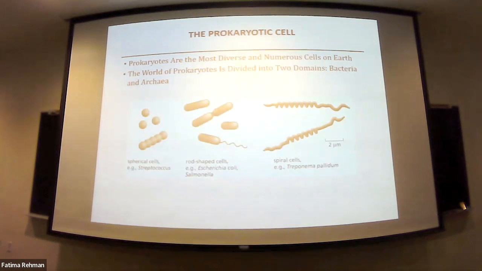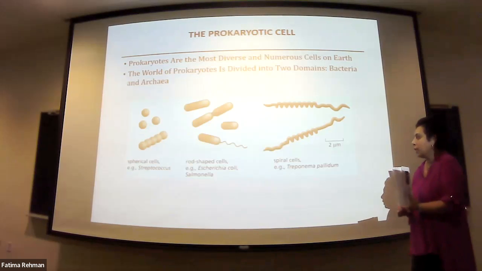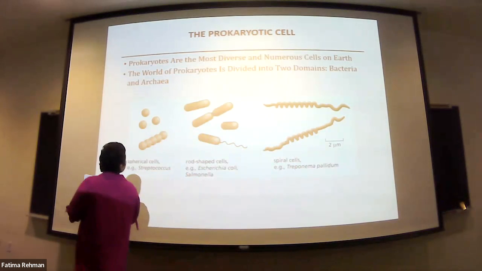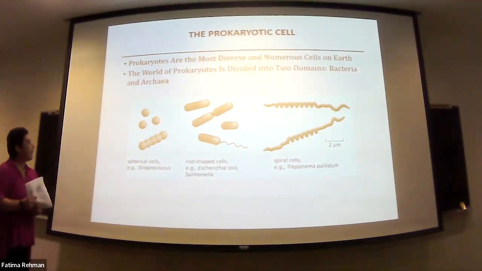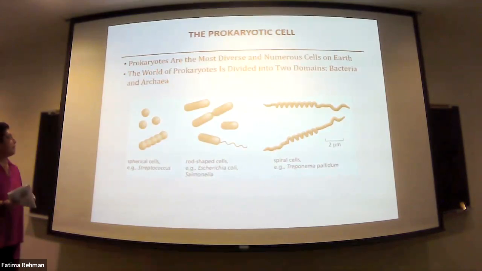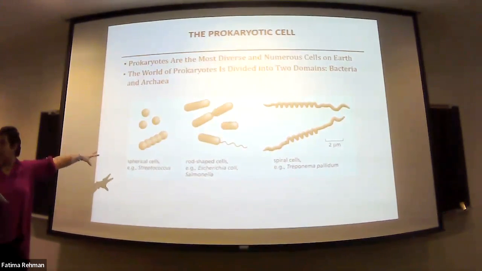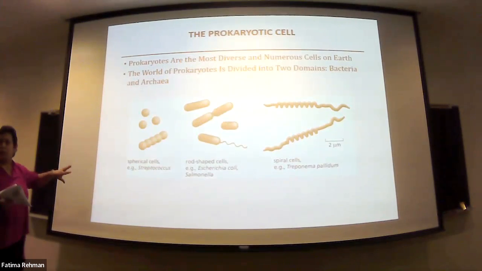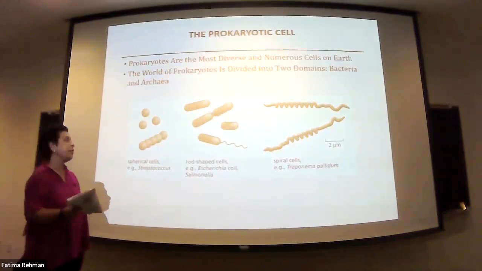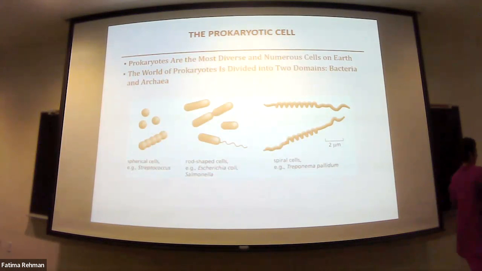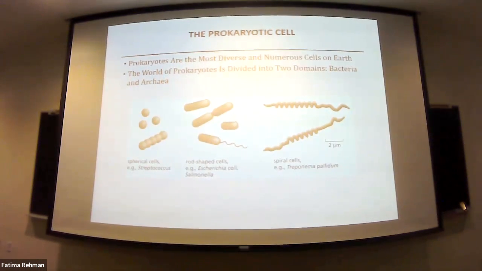There are more diverse prokaryotes and more numerous prokaryotes on Earth. Those are going to be your most common organisms there, right? And they are, again, divided into their two domains, bacteria and archaea. Even archaea has diversity in shapes that you see, not as much as bacteria, but they still have diversity within them as well. You typically see archaea that are either rod-shaped or plate-shaped.